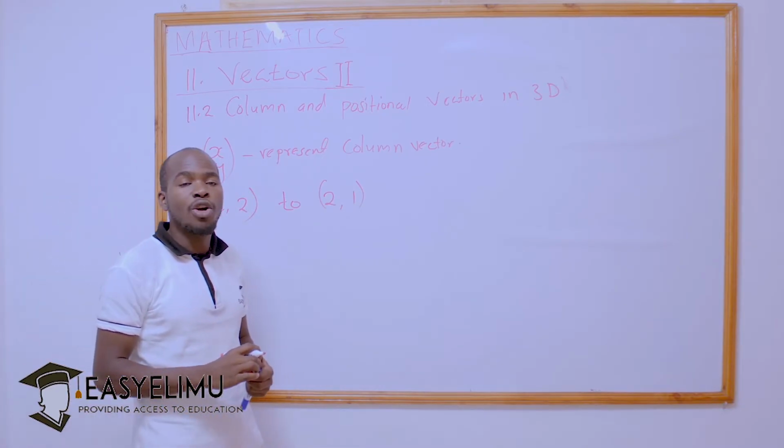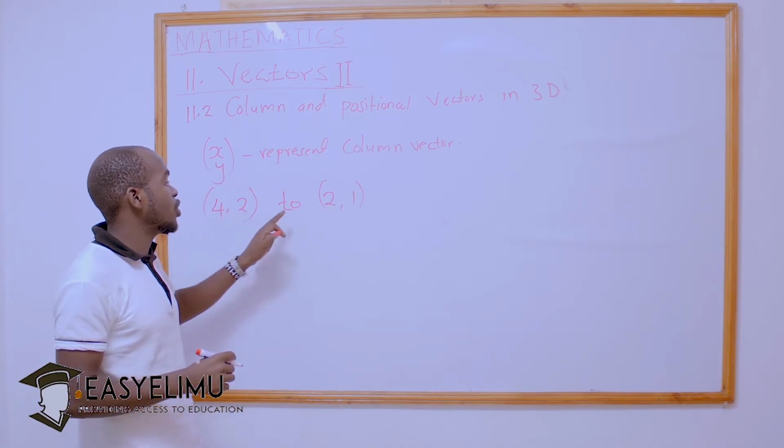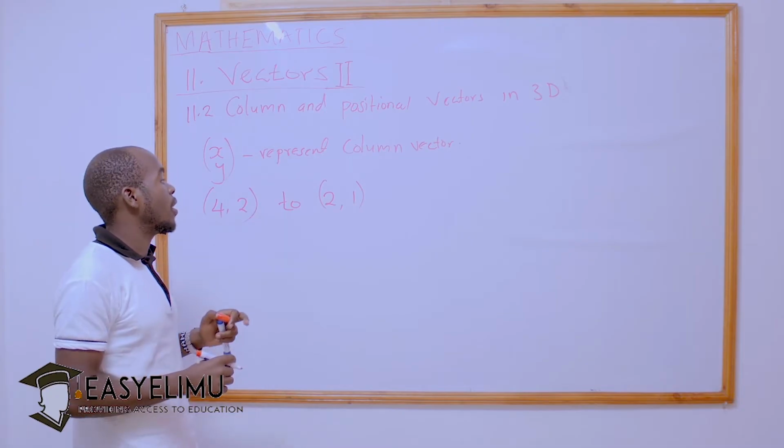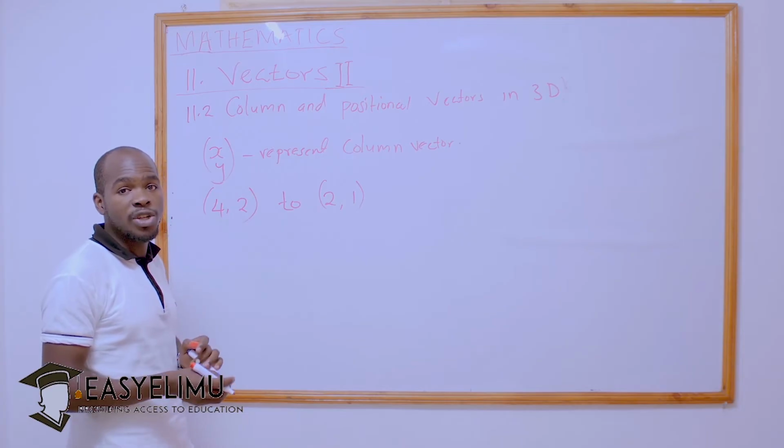If you want to find the column vector of this point here, these are the positional vectors of that point. So, positional points or coordinates of the point where it was displaced to.